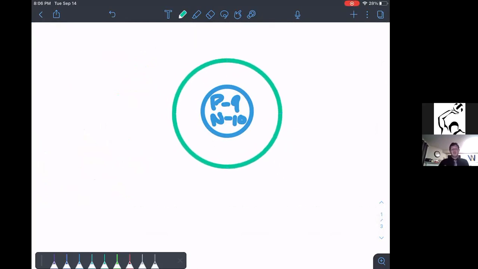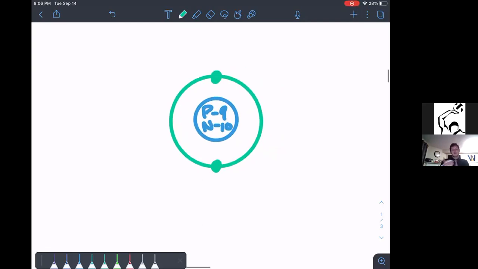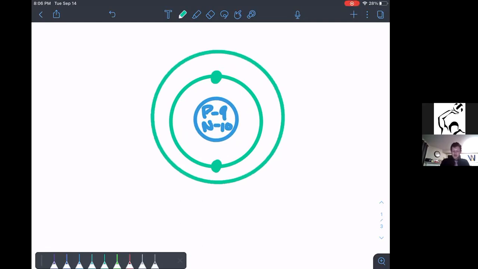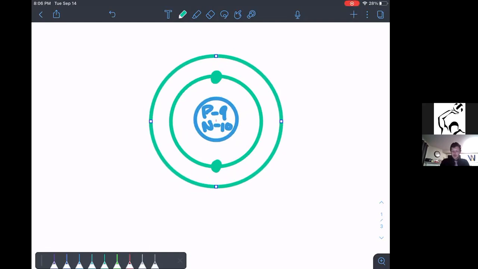And so if we remember correctly, our first orbital only gets 2 electrons and then it's full. And we remember that because there's only 2 elements in the first row, and each row tells us the number of orbitals that we have. So there's only 2 electrons in the first row, and we need 9, which means we have to add a second ring around the nucleus to add more electrons.